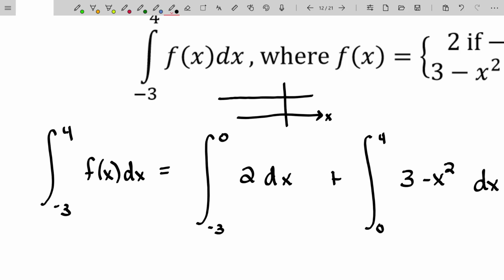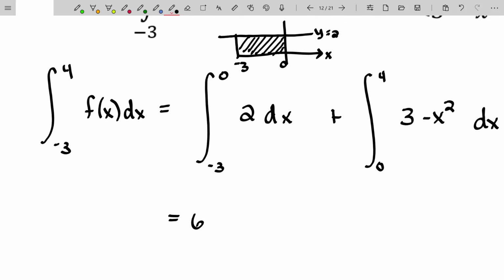That's y equals 2 right there. And I'm finding the area underneath that curve from -3 to 0. Well, that width of that rectangle I've just shaded, it has a width of 3 and a height of 2. That integral will be 6.